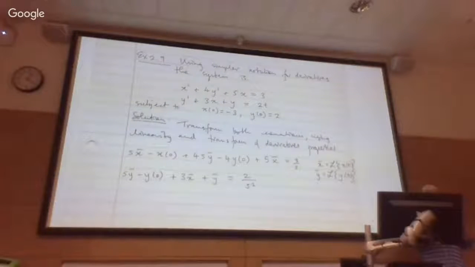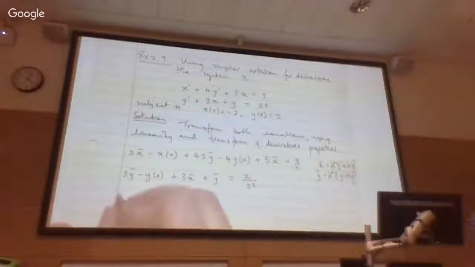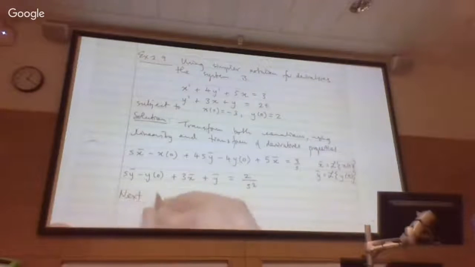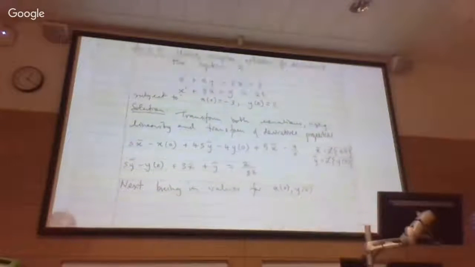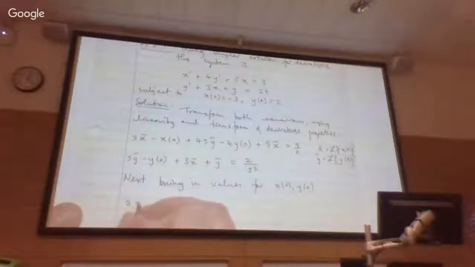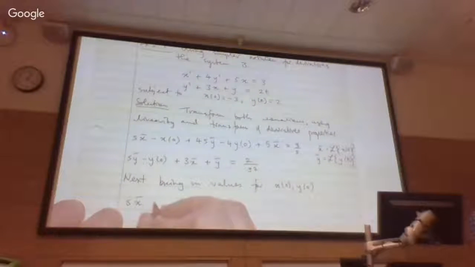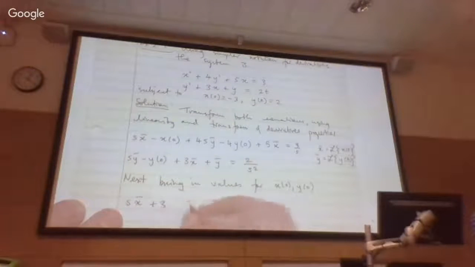Next is to bring in the constant values that we were provided with, the initial values of x and y. Bring in the values for x of 0 and y of 0. Let's just write it out. x of 0 is minus 3, so this is plus 3.